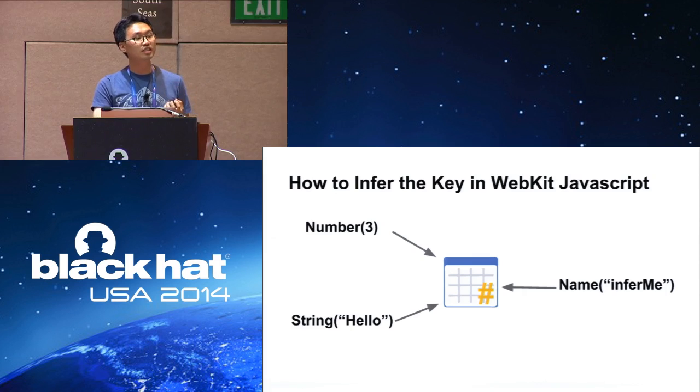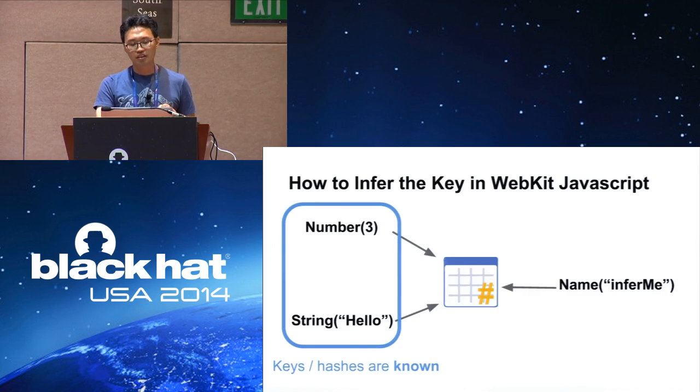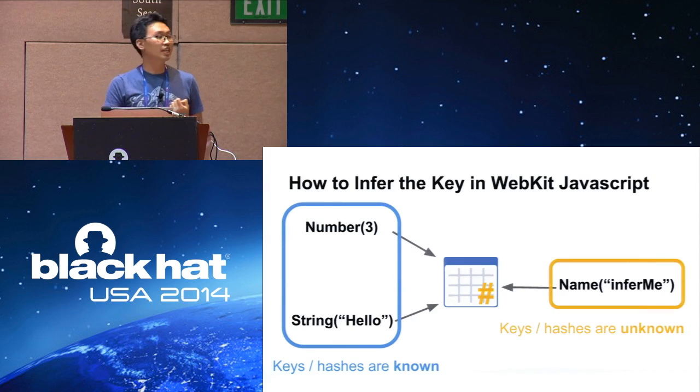You have one single hash table object, and you dump a lot of objects, like number objects or string objects or Name objects. But the catch is that for number objects or string objects, you know the keys and hashes. But for the Name object, you don't know the key, and you don't know the hash either, and you cannot really read the key. So the whole question becomes: how do we actually read the key and hashes for this Name object?